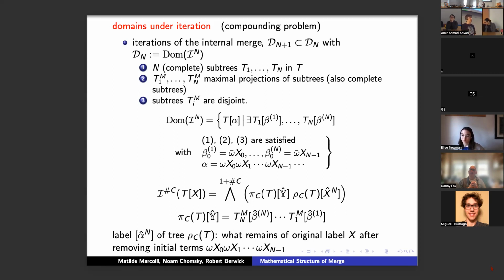And when you start to do several of them, this domain checking problem compounds, and you get more and more complicated feature checking. And you can actually measure exactly how this complication grows, because you can check the growth of these conditions.